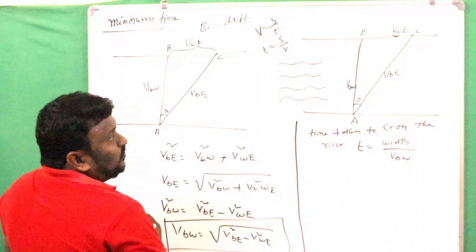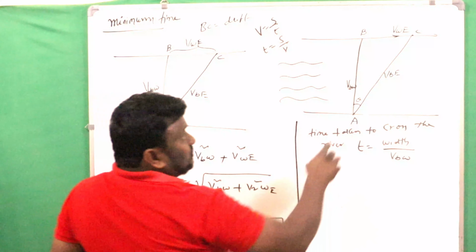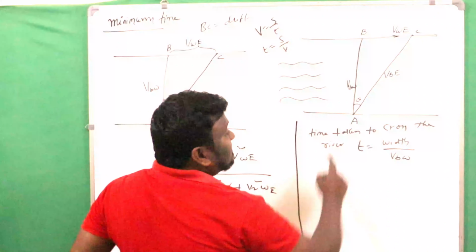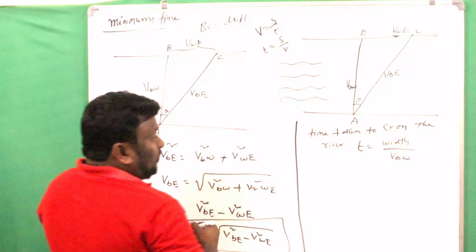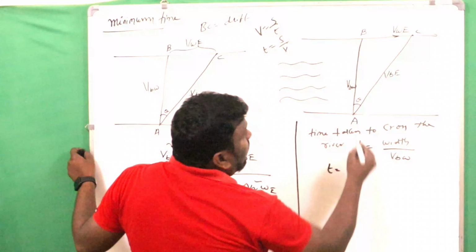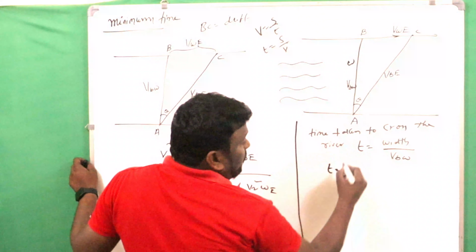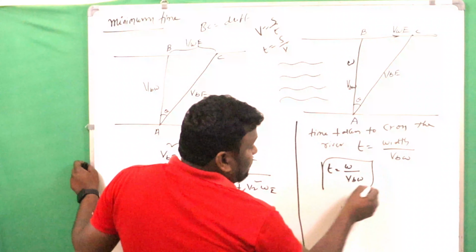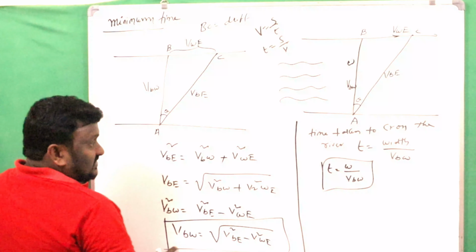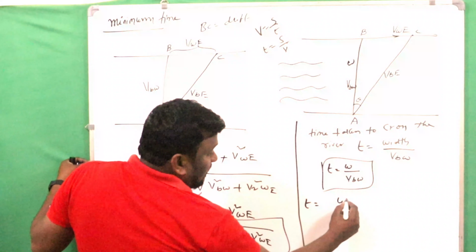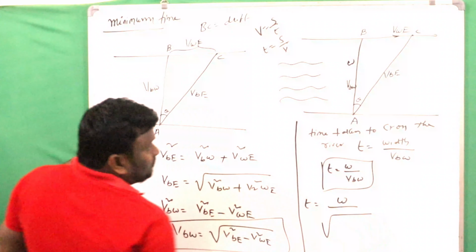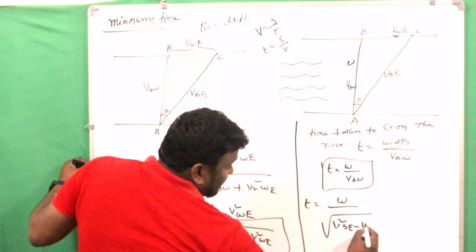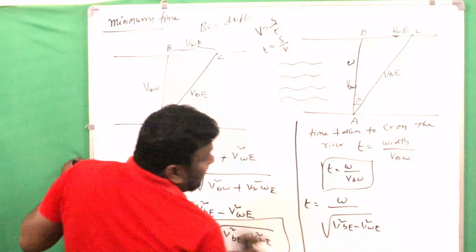Before, in the previous one, VBW was the hypotenuse. Now it becomes the side. Then T is equals to, let's say the width is W, then W by VBW. Already the VBW value is there. Then T is equals to W by under root of V square BE minus V square WE.